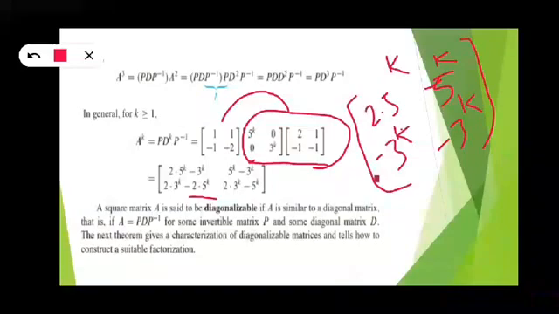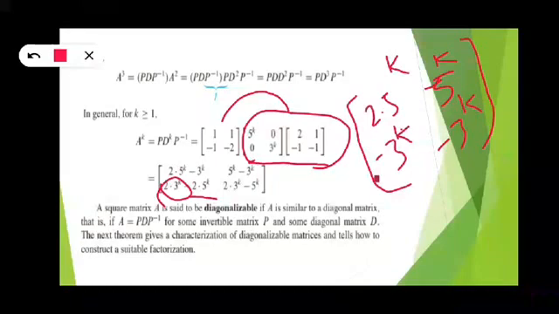Just wait, minus 1 into 2 into 5 power k is minus 2 into 5 power k. Next minus 1 into minus 2 into minus 3 power k will be 2 into 3 power k.